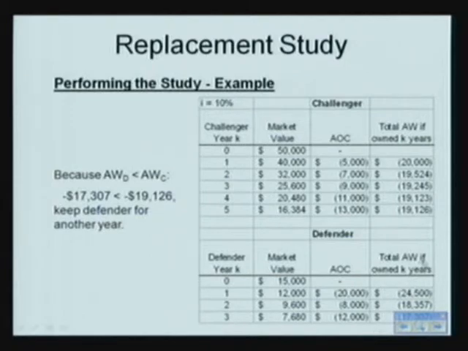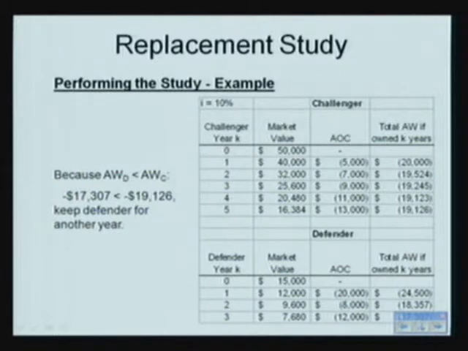And I go through that same process of finding the capital recovery and the annual worth of the operating costs. If I held on to the asset for 1 year, it's $24,500. 2 years, $18,357. 3 years, $17,307. So the best option is 3 years at $17,307.